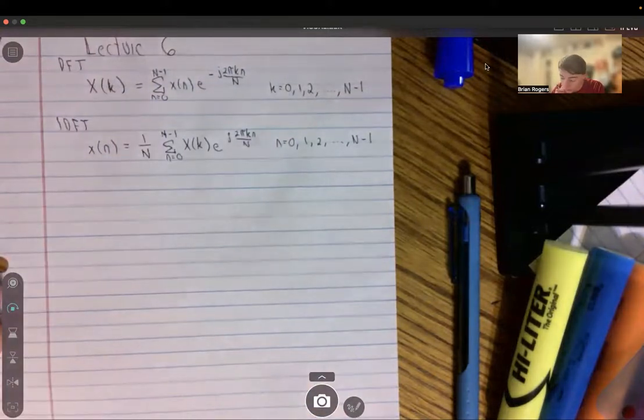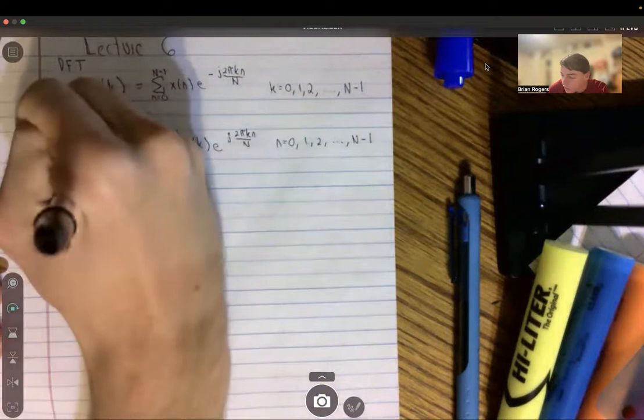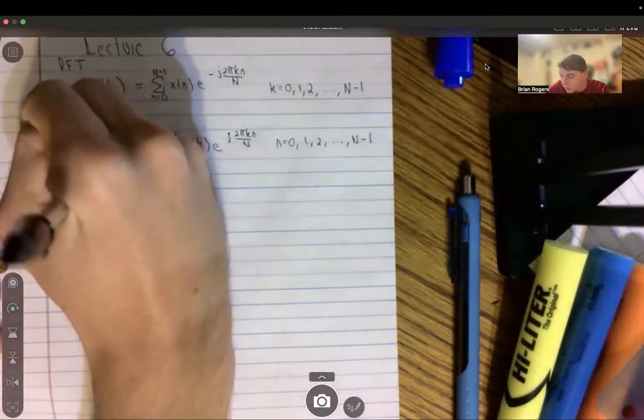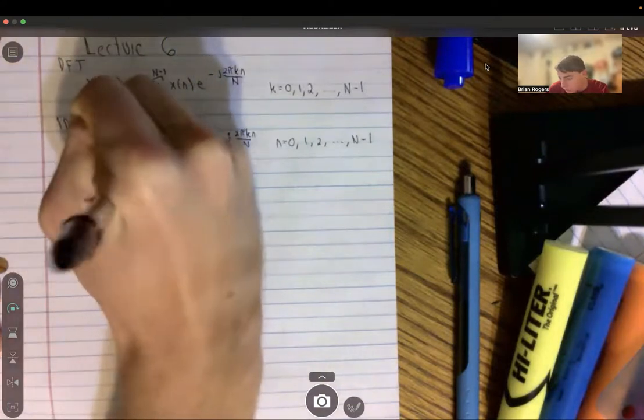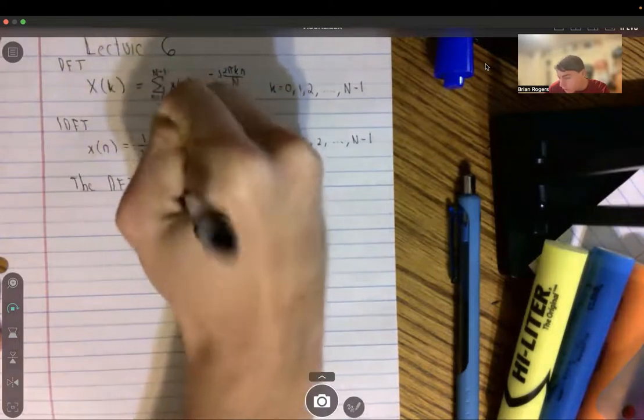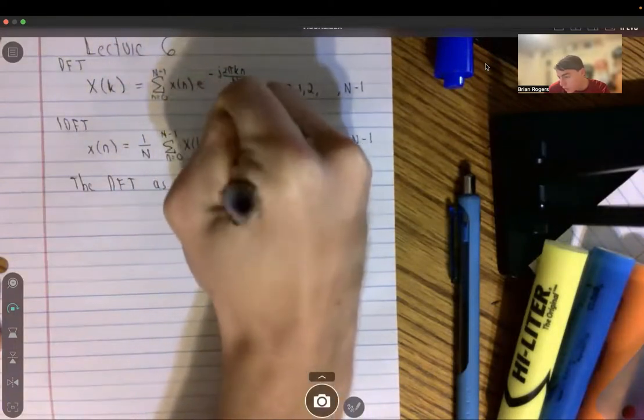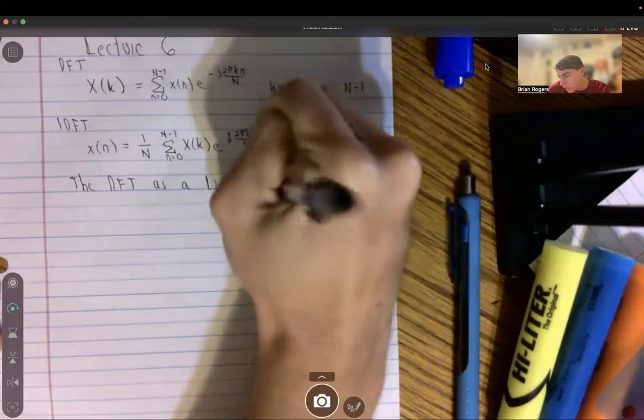in our book, and also when the teacher talks about using the DFT to perform a linear transformation. The DFT as a linear transformation was one test topic he was talking about.